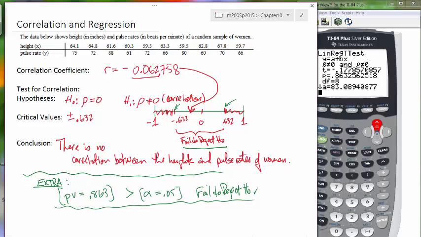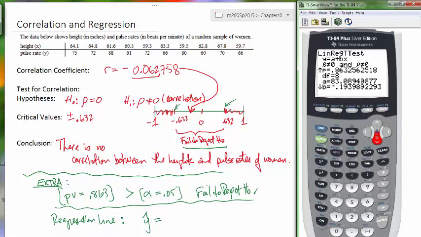So another piece of extra information in this case, because there is no correlation, this information is not important or should not be used. But in any case, the regression line is going to be given by this equation, and we usually denote the regression line by y hat. And so you can get that information from your regression t-test.